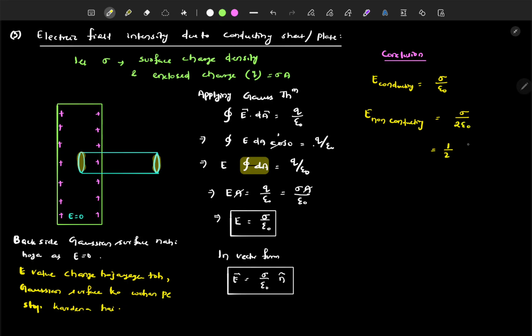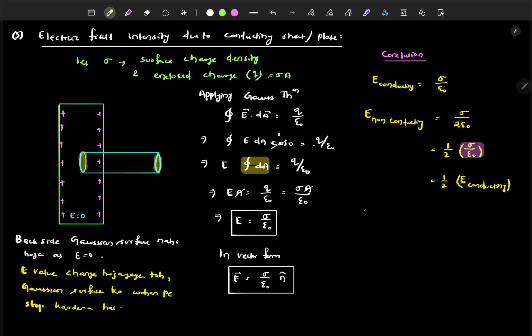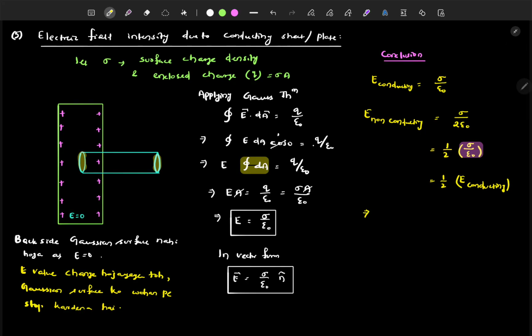It can be written as 1 by 2 into sigma by epsilon naught, and instead of sigma by epsilon naught we can write 1 by 2 into E conducting. So the conclusion is E conducting is equal to 2 times E non-conducting. The electric field due to a conducting sheet is equal to 2 times the electric field due to a non-conducting sheet. Yes, I hope it is clear to all of you.